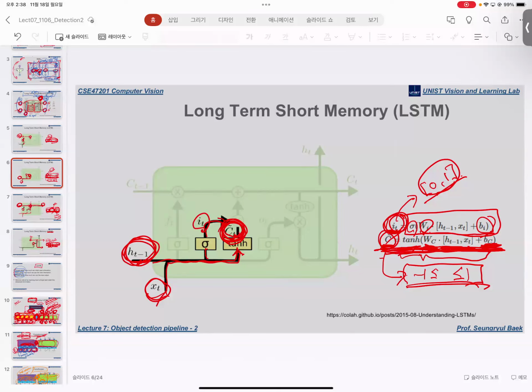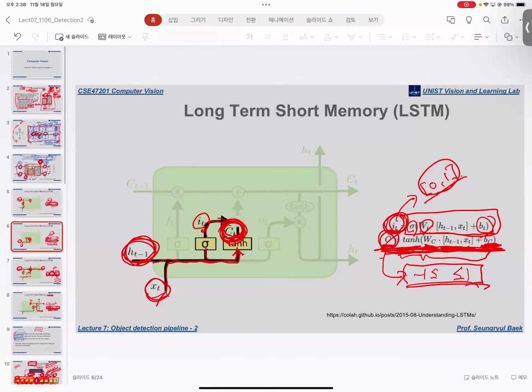And it may include some of the content from before the midterm. We will also include that.